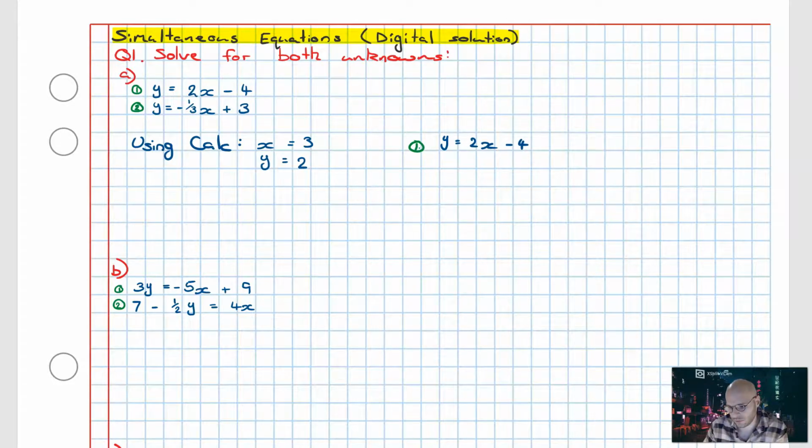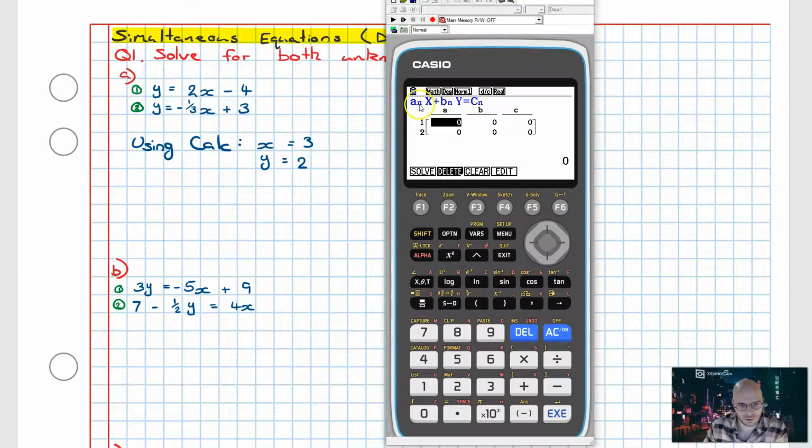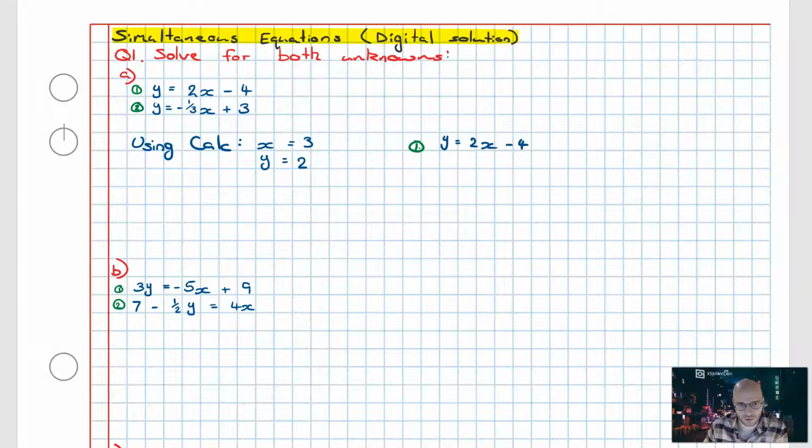And then what I'm going to do is I'm going to arrange it in general form, so x plus y equals constant. To do that, I'm going to take 2x from both sides. This will yield minus 2x plus y equals minus 4. And then I'm going to multiply both sides by a negative 1. Reason for this is because in general form it's considered good practice to have a positive value of x. So it will be 2x minus y equals 4.